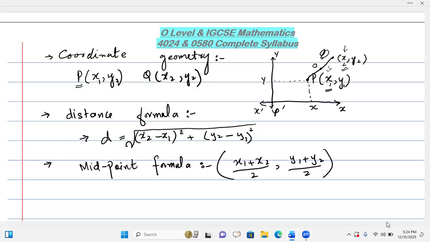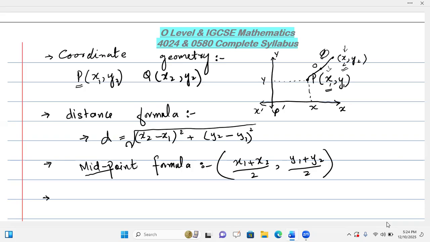Y1 and y2 will be taken into account, and this formula will be used to calculate the midpoint coordinates.